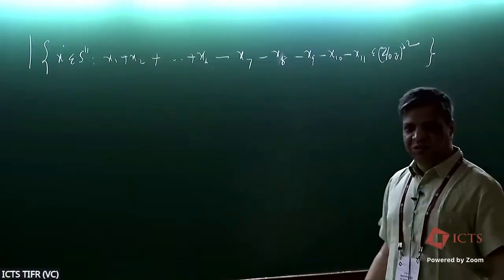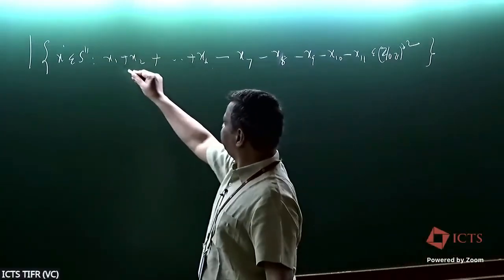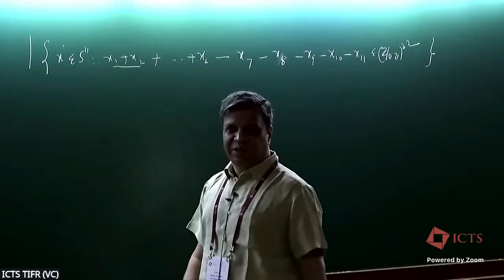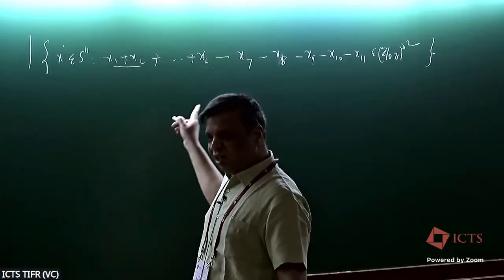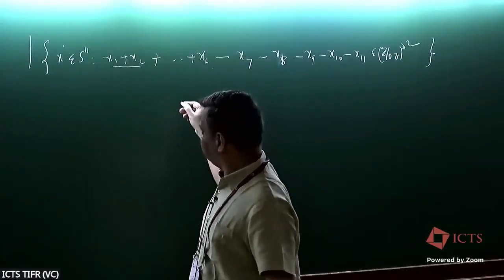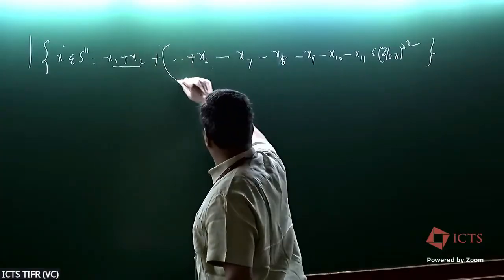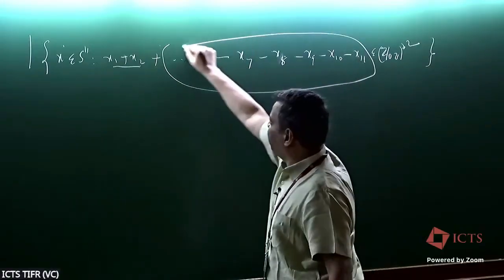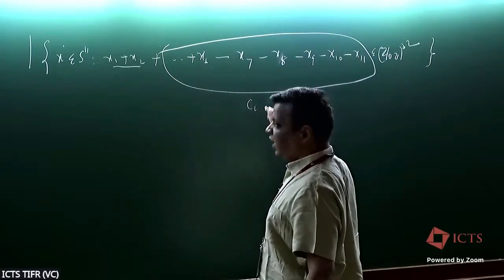That is what we are trying to estimate. So I can fix all but the first two variables and write it down in terms of this. Now if I fix them, then this will be a certain sequence Ci.